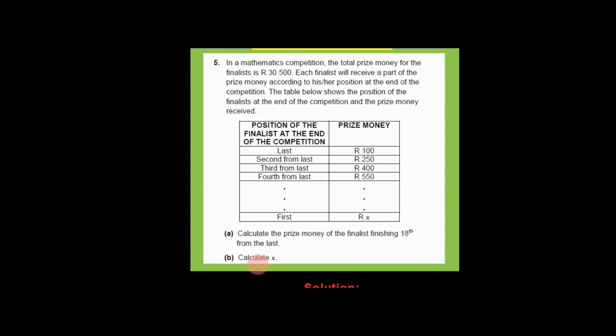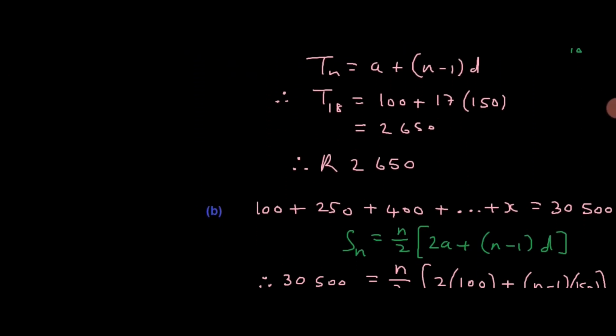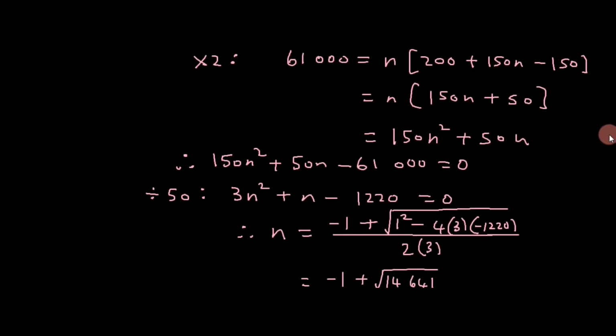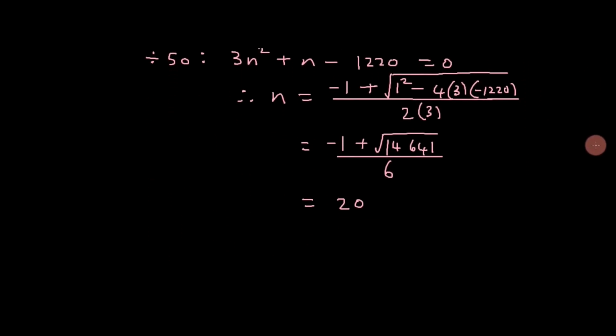And remember that we need to find X, the prize money that the person who comes first will get. So we have n, the number of terms now, and we can use the formula T sub n. T sub n equals a plus n minus 1 times d.